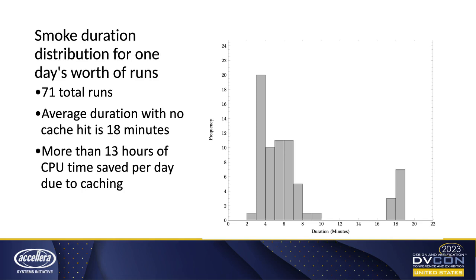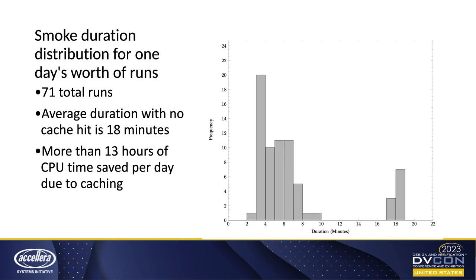But these are the numbers I gathered a while back. On this day, there were 71 CI runs. And like I said on the previous slide, the average run time from scratch with no caching and 100 threads is just under 20 minutes.